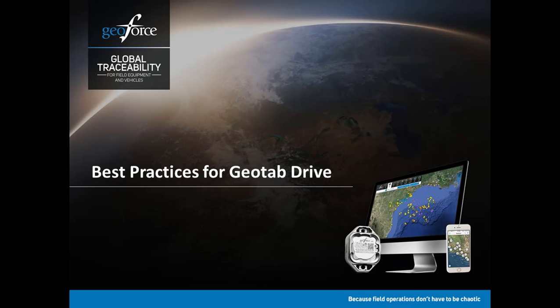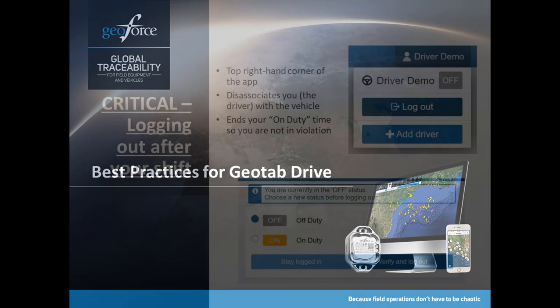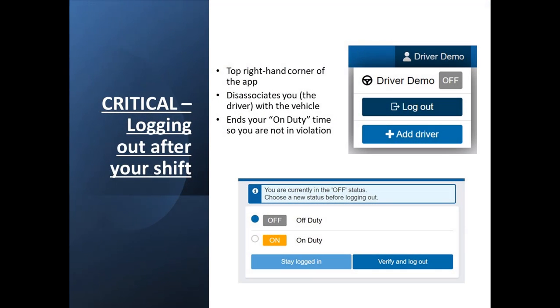Now we are going to go over a few best practices when using Geotab Drive. One of the most common mistakes drivers can make is not logging completely out of the application at the end of their shift. If you do not log completely out of the application, you will remain attached to that vehicle and could end up with someone else's drive time associated with you.